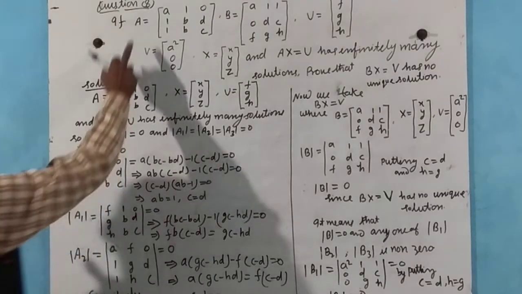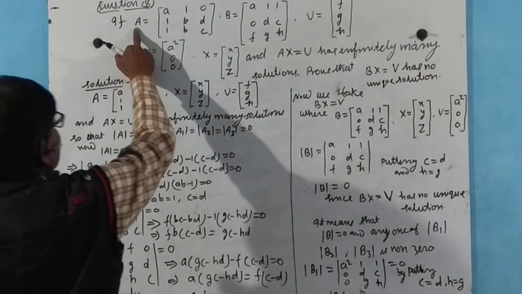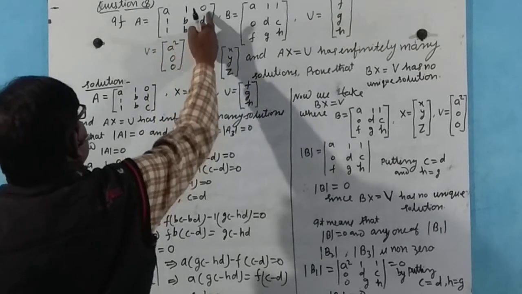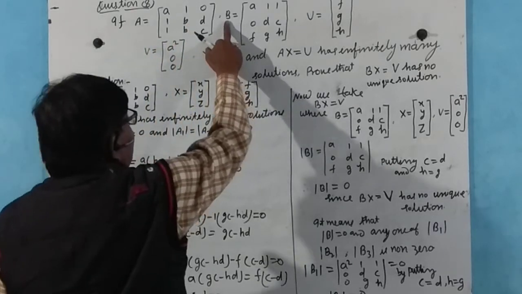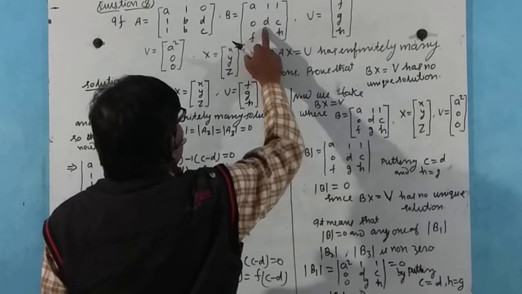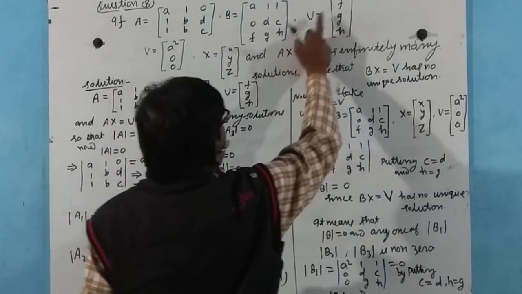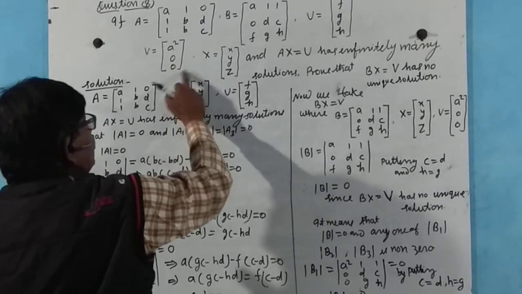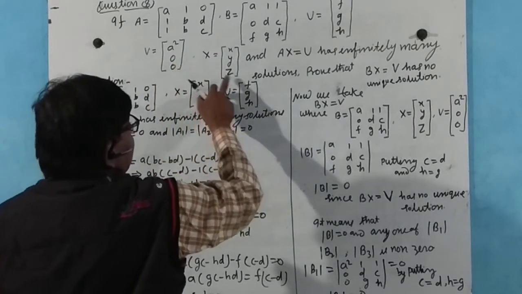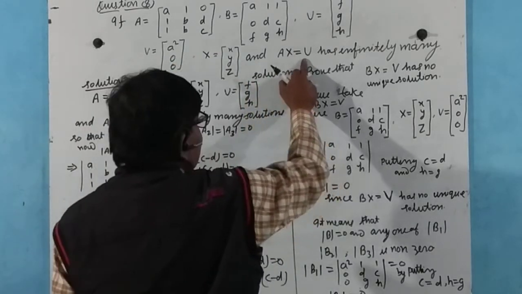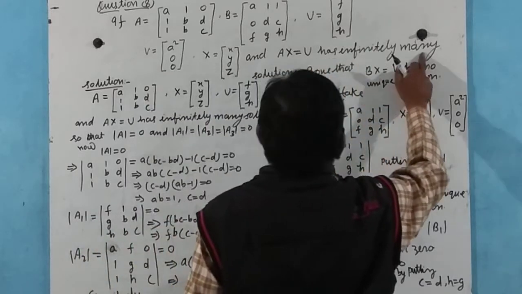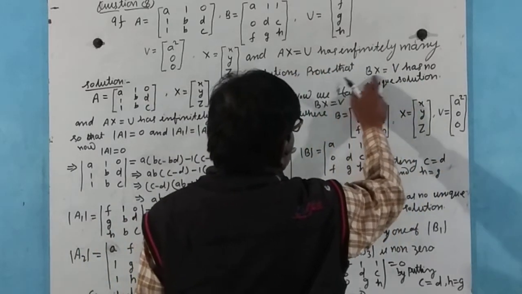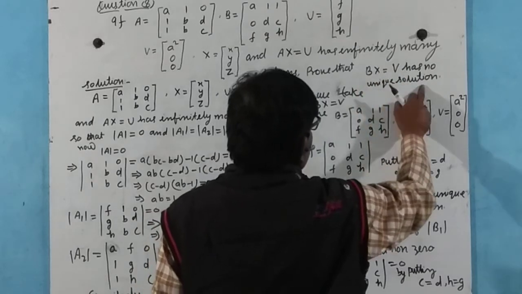Now here question number 8. If matrix A is equal to the matrix with rows a 1 1, 1 b 0, d c, B equal to a 1 1, 0 d c, F G H, U equal to F G H, V equal to a square 0 0, X equal to X Y Z, and AX equal to U has infinitely many solutions, then prove that BX is equal to V has no unique solution.